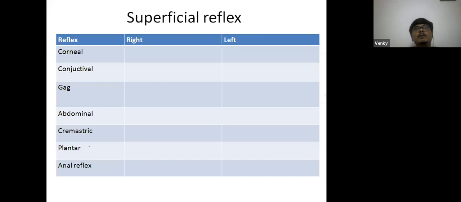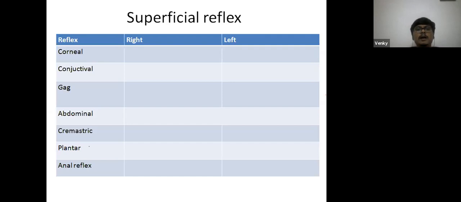Every examination book has given it. The corneal and conjunctival reflex: afferent is 5th, efferent is 7th cranial nerve, center is pons. Gag reflex: 9th and 10th, center is medulla. Abdominal reflex: afferent and efferent is T6 to T12. Then cremasteric L1, L2, plantar S1, anal reflex S2, S3, S4.